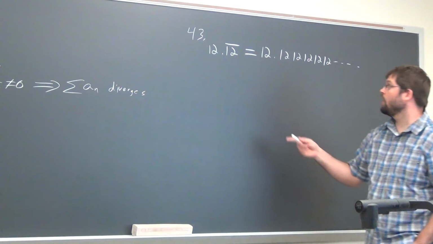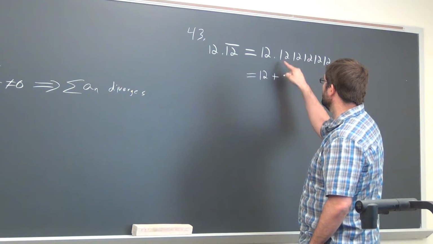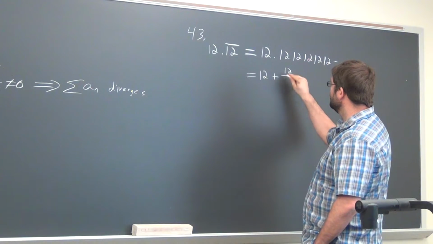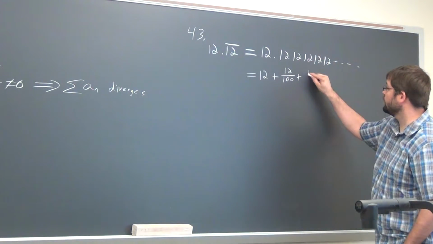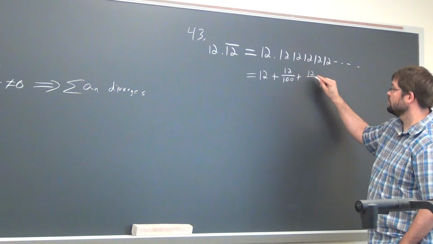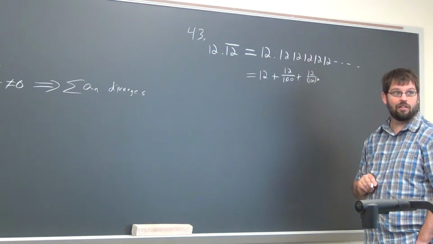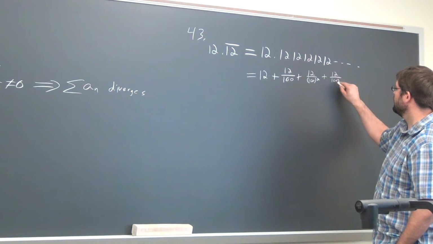Now let me just say one thing. This is equal to 12 plus, what is this? The first part is 12 hundredths, right? And then the next one is 12 over 100 squared, right? And then 12 over 100 cubed, and so on.